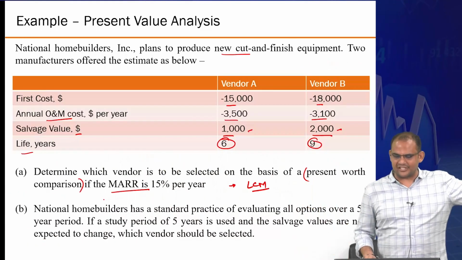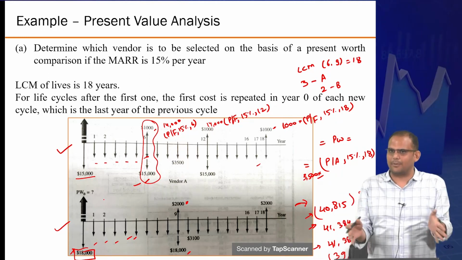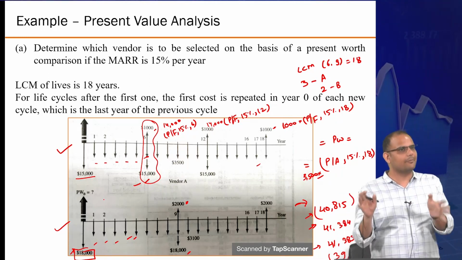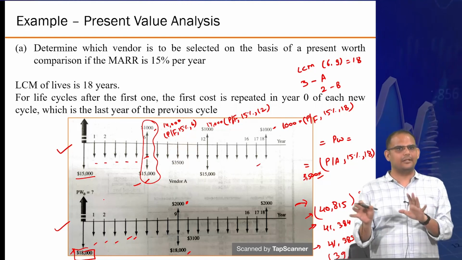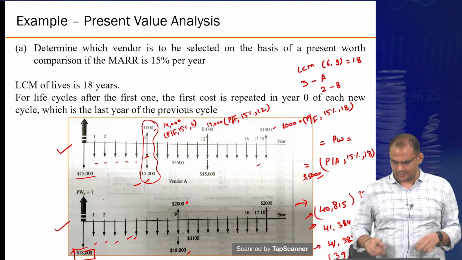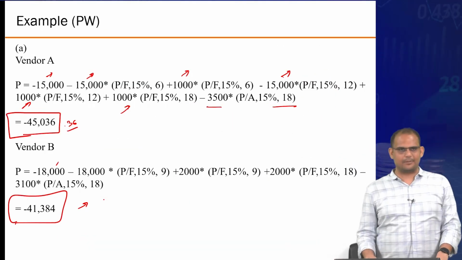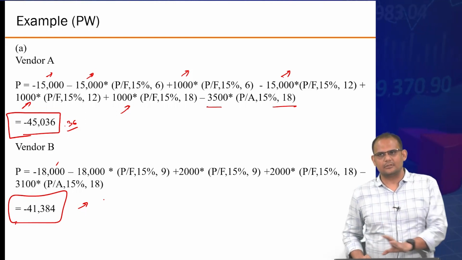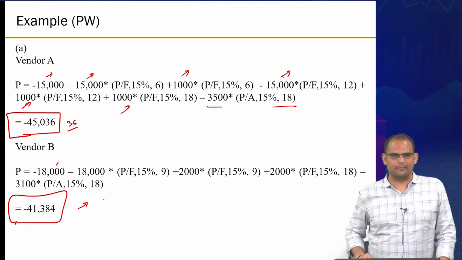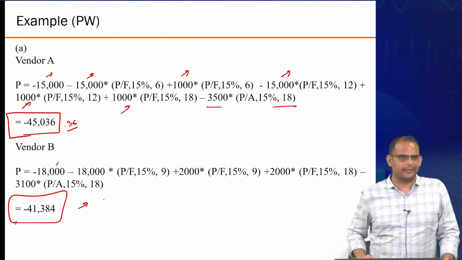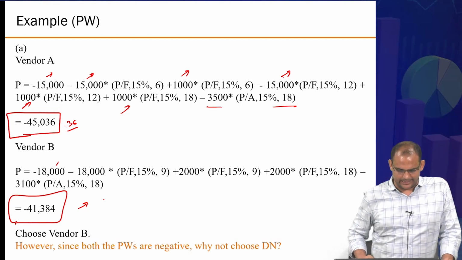Never have I mentioned that this is a cost only problem or no revenue problem, but you have to make that judgment from what is being talked about in the context, right? So in this case, you choose option B because of the less negative value of PW. So the absolute amount is higher in the other, and therefore option B is better.